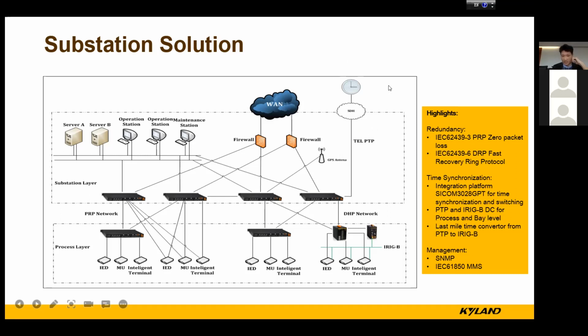Besides, you can see here there is another PTP import from the internet. So these two PTP imports will negotiate with each other by the BMC mechanism in the PTP protocol, and a better signal import will be selected as the master and then synchronize the whole network.